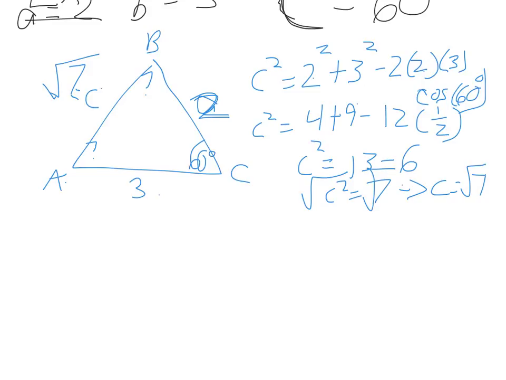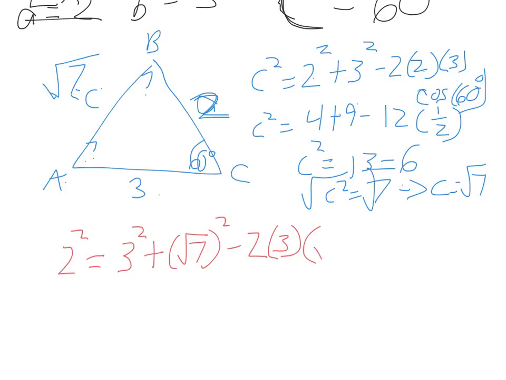Well, we already have angle C, so we could do A. Let's find angle A. So we start with side A squared, so 2 squared is equal to side B squared, which is 3 squared, plus side C squared, which is square root of 7 squared, minus 2 times 3 times the square root of 7 times cosine of angle A. So what we're eventually going to do is just solve for the cosine of A and then do inverse cosine.